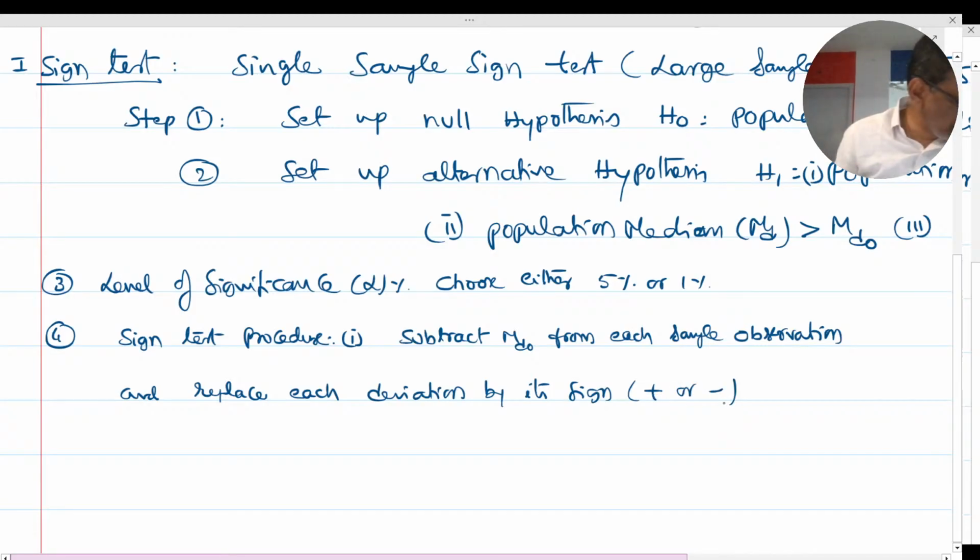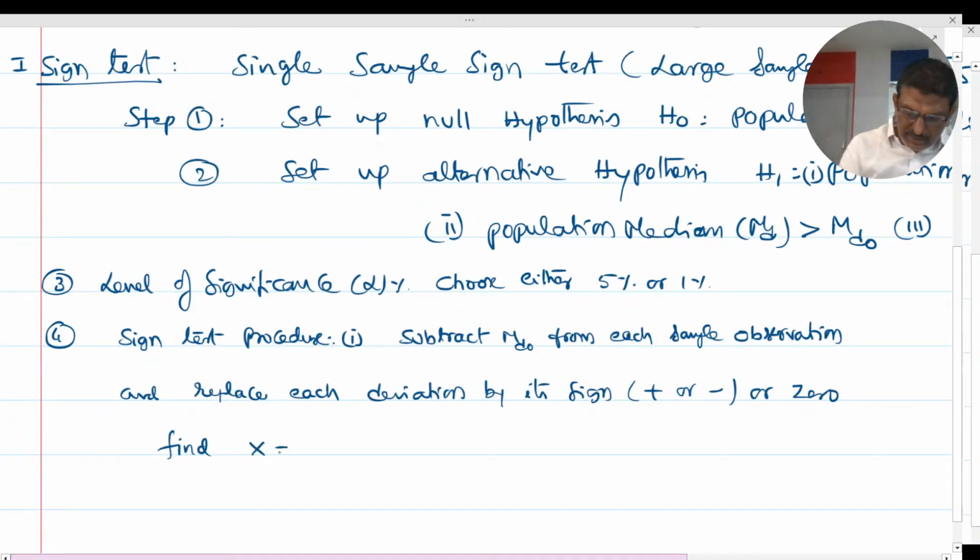Use a plus sign if our observation is more than Md naught, the specified value. Use a minus sign if the observation value is less than the specified value of median, or 0 if the observation value and specified value are both the same. The deviation is 0.